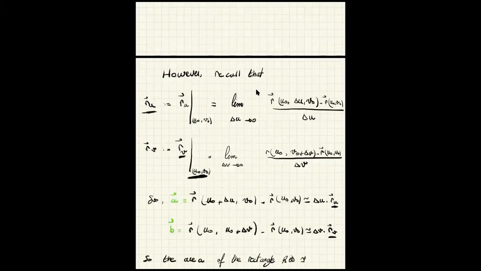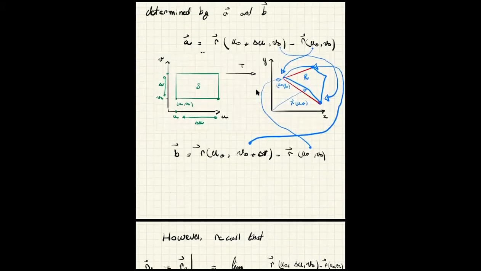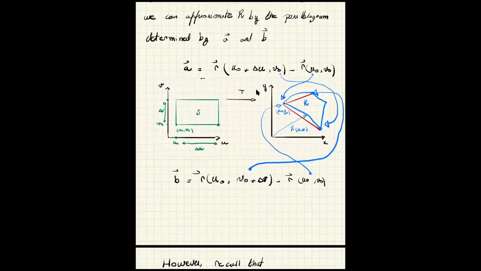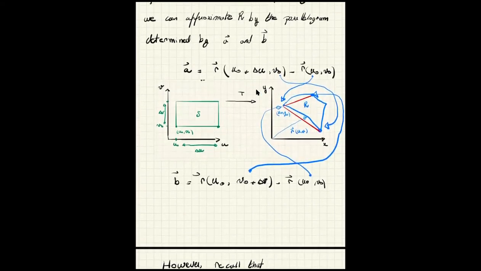Here's the conclusion. Whenever you have a small rectangle in the UV plane, and you apply a continuous transformation to this very small rectangle, you get a very small region R that looks like a rectangle.